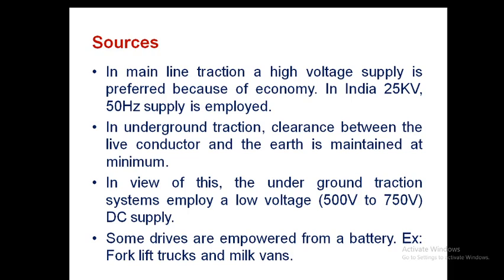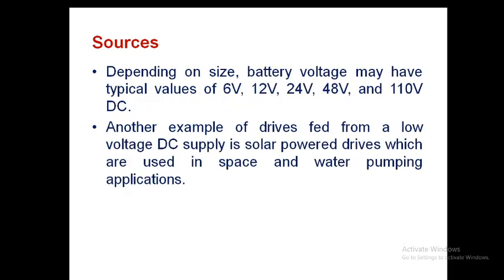Some drives are powered from batteries, because there are also battery driven electric drives. For example, forklift trucks and milk vans, and even in the railway stations, to clean the platforms you can find electric drive cleaners. There we require a battery driven electric drive.